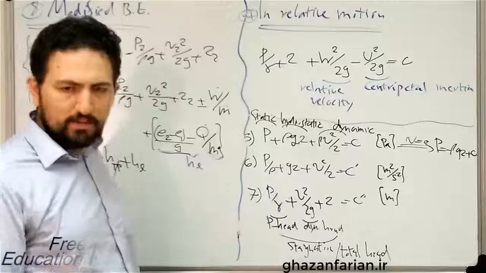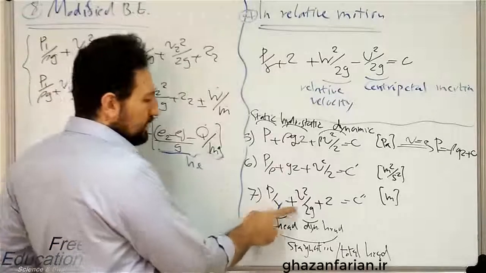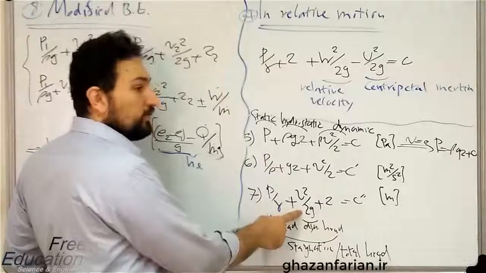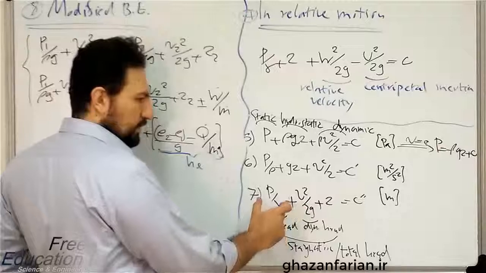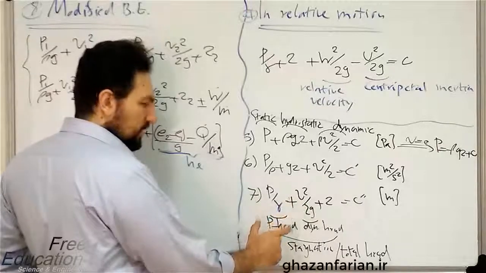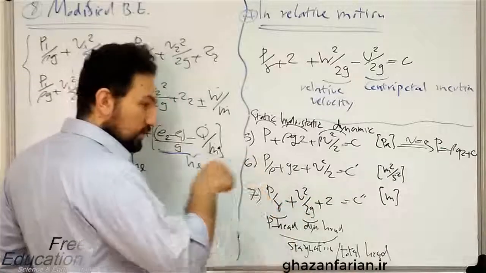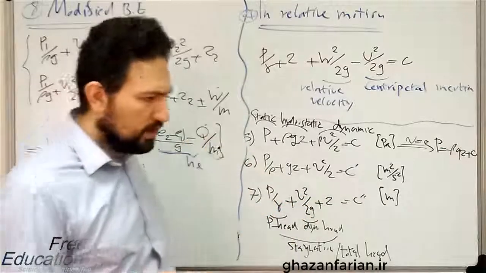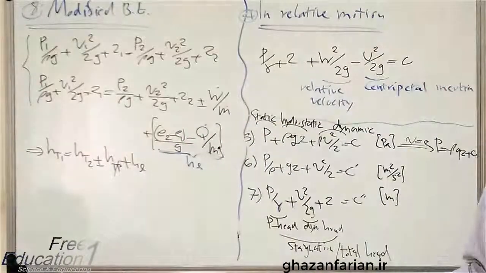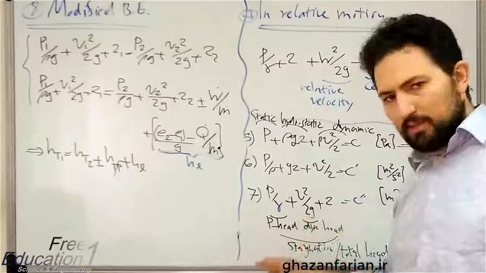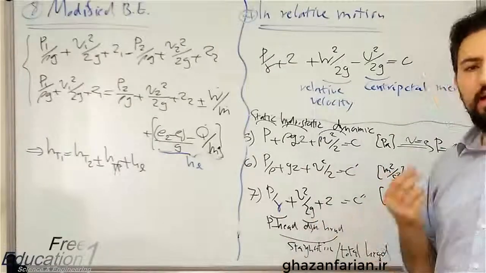We call such quantities head, because this is the pressure head, this is the dynamic head, or the velocity head. And the sum of two first terms in this equation is called the stagnation head, or the total head. In different engineering applications, it's more appropriate for us to use this form of quantities. I mean the head form with the dimension of length.